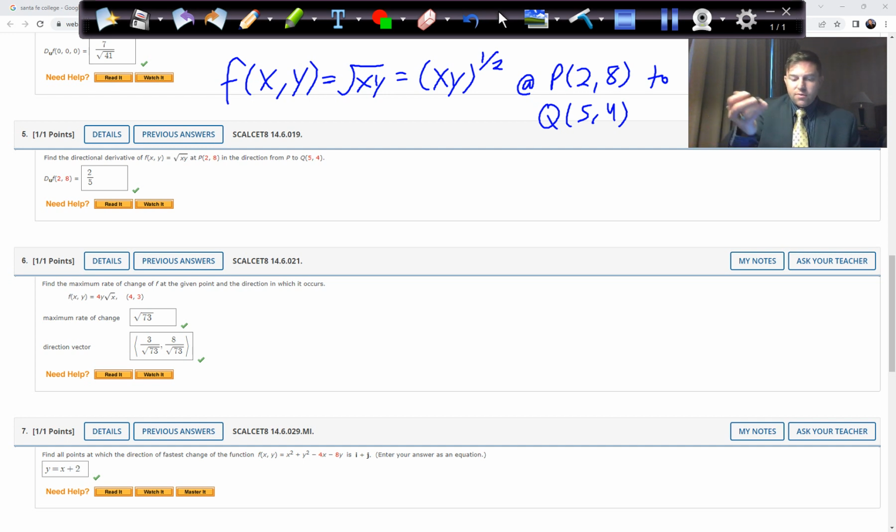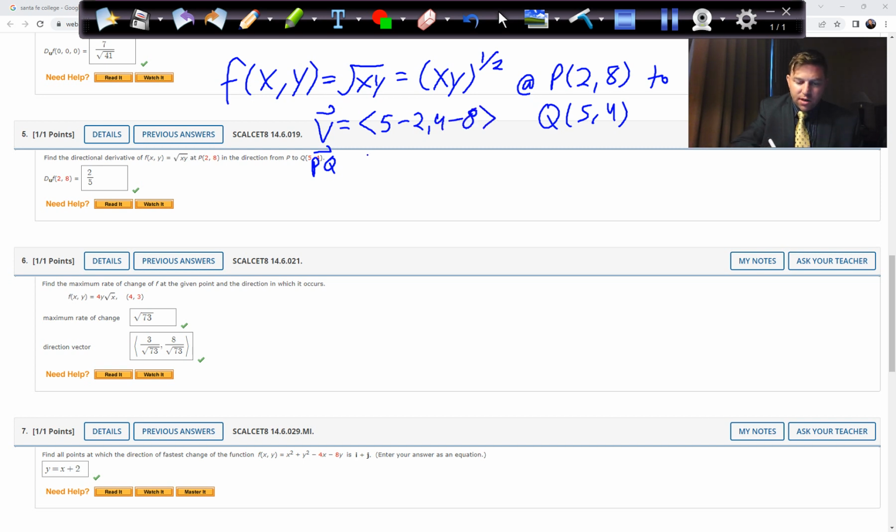It just adds one very simple step of calculating the v vector ourselves, and then it's exactly like the previous two problems. From P to Q, so this is basically the directed line segment from P to Q, it would just be the Q first component 5 minus the P first component 2, and then the Q second component 4 minus the P second component 8, and we're going to get the v vector is 3 comma minus 4.